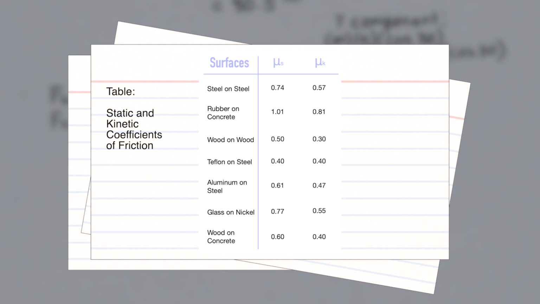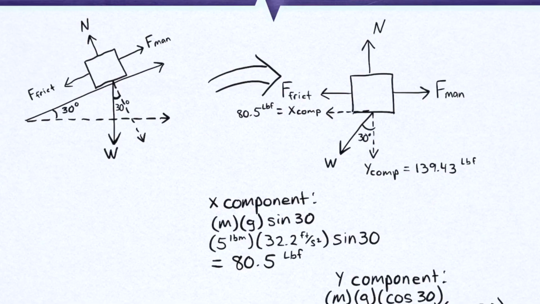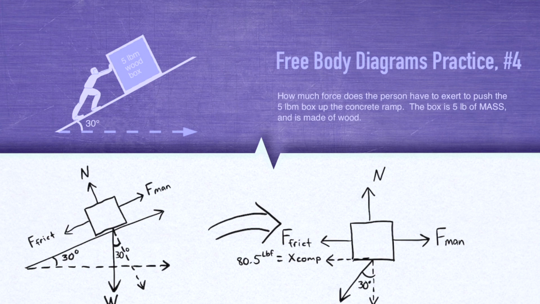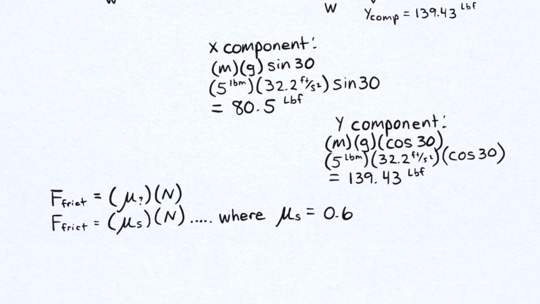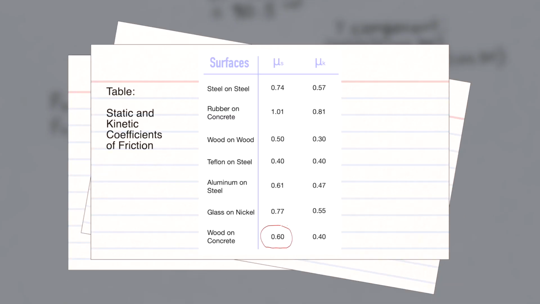I'm looking up wood on concrete because it's a wooden box on a concrete ramp. So wood on concrete is going to be 0.6 for the coefficient of static friction.